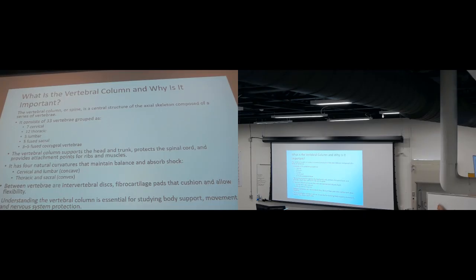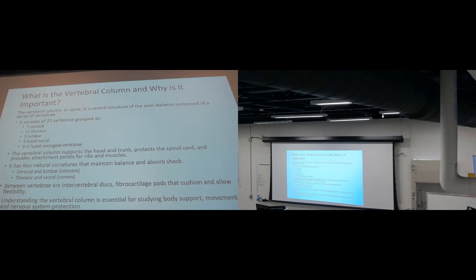We have 7 cervical, 12 thoracic, 5 lumbar, 5 sacral. The sacral ones are fused into a single bone that we call the sacrum. And the coccygeal are 4 to 5 fused vertebrae, and that's the inferior ending of our spinal column.